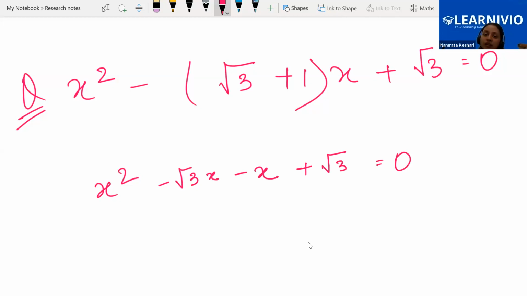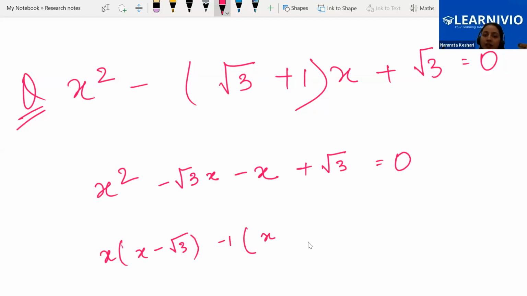What is the common factor from the first two terms? We can take x as common, so it becomes x minus root 3. From the next two terms, what is the common factor? We can take minus 1.